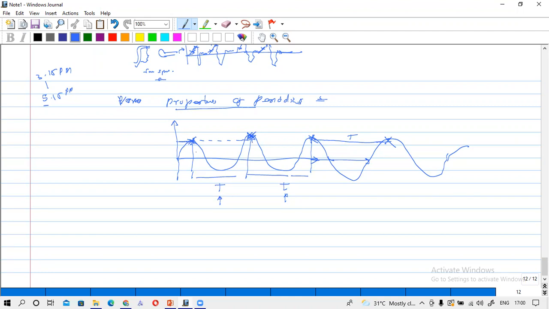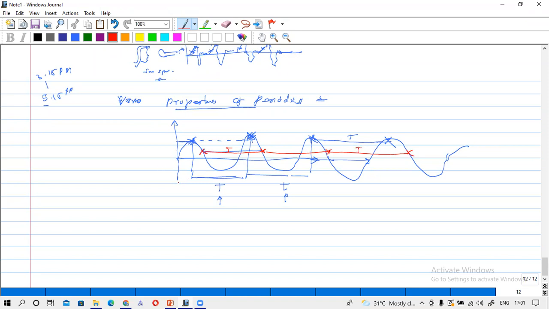For example, if you take this point, after capital T time this point should also repeat, and after capital T time this point will repeat again, and so on.